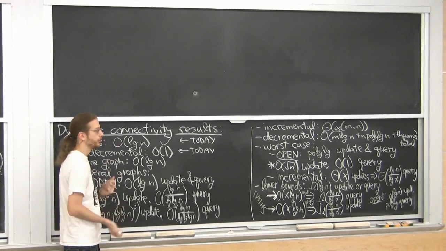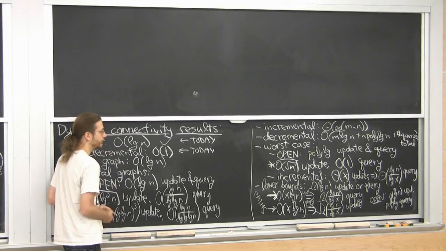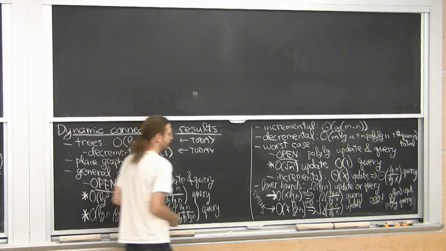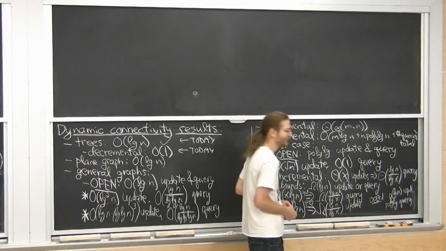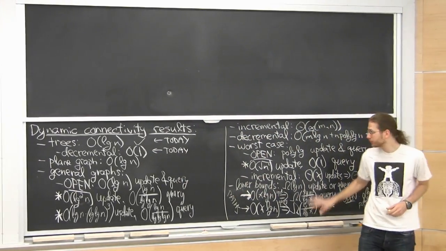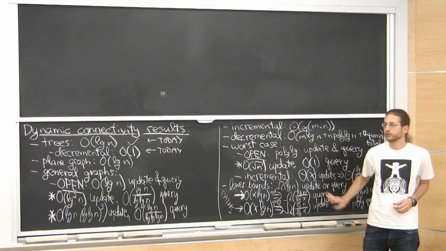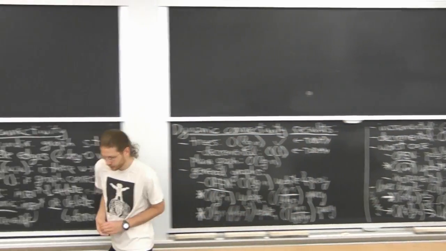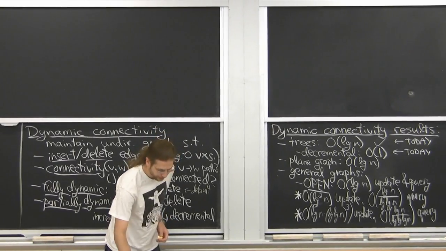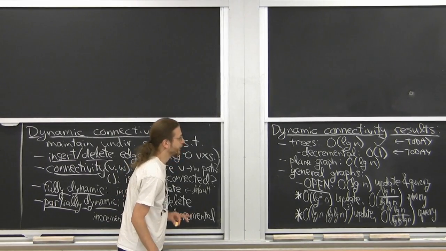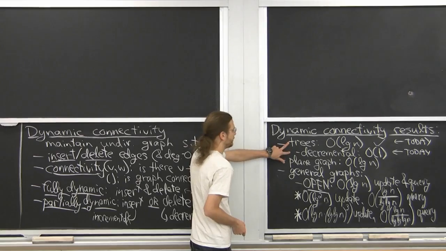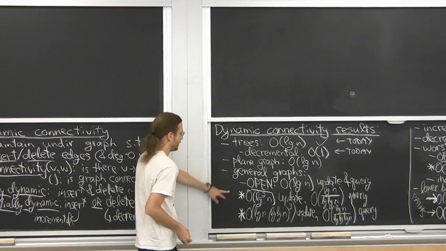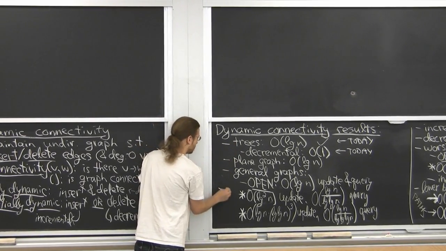If you're going to do both operations in log n, that's optimal, even if your trees are paths, which is like the really easy case. And we're going to prove this theorem next class. So that'll be our last class and our last lower bound. Next time, tune in next time. But today we're going to focus on upper bounds, namely these two and this one.